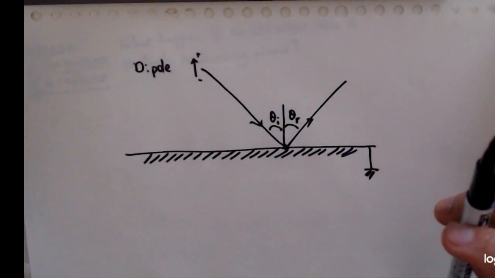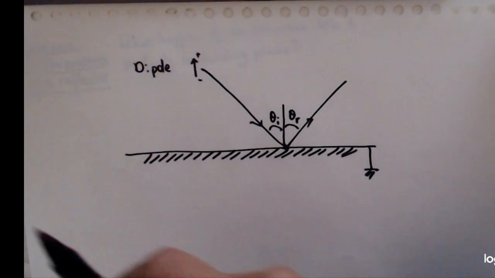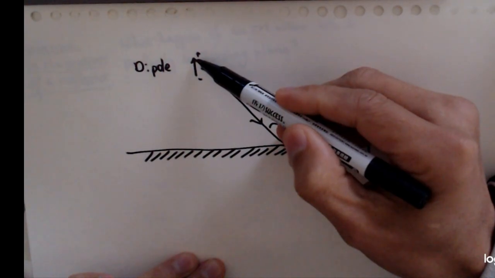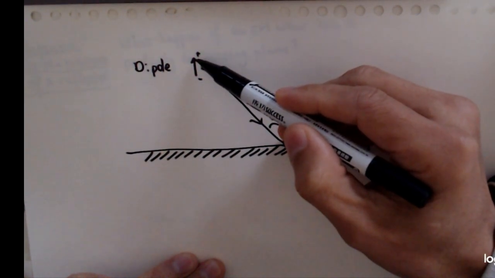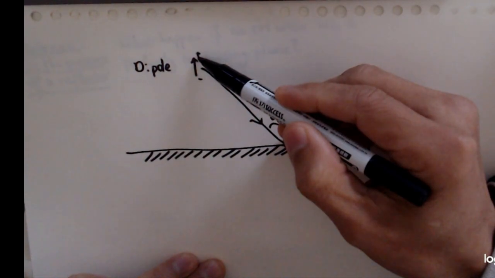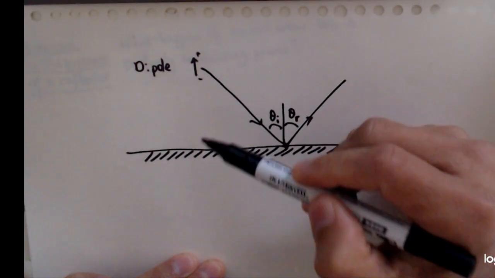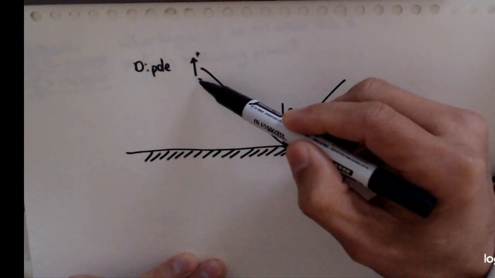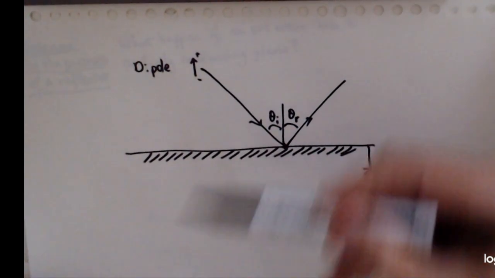Suppose you have a dipole here. The dipole has the polarity like this. The positive end is at the top, and the negative end is at the bottom.